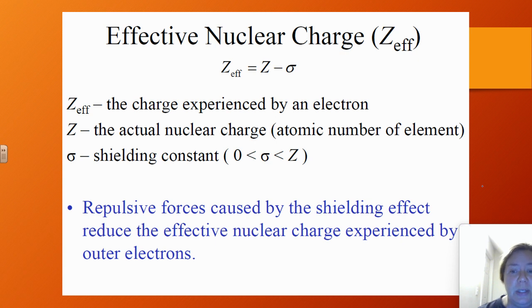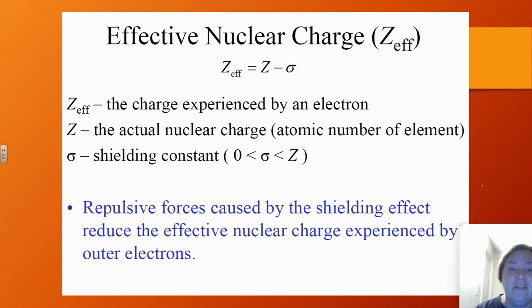And at this point, we need to understand that shielding does have an effect on the effective nuclear charge. Really, the effective nuclear charge is how much an electron feels the charge. It's the charge experienced by this electron. When we have repulsive forces caused by the shielding effect, so caused by those inner electrons, it reduces the effective nuclear charge experienced by the outer electrons.